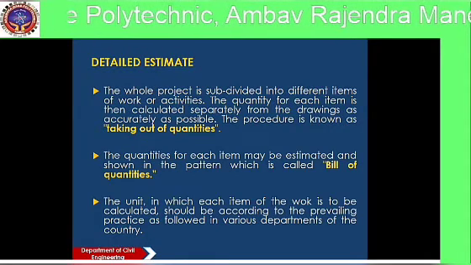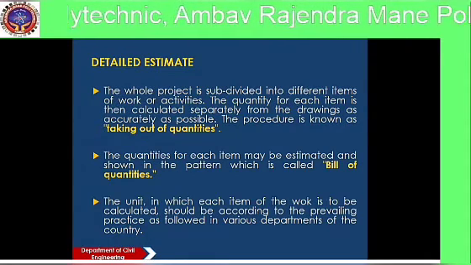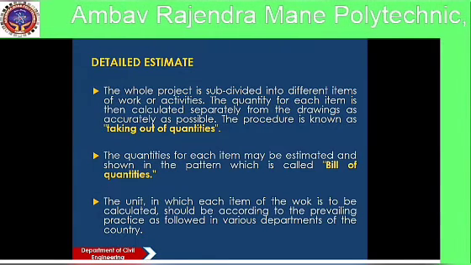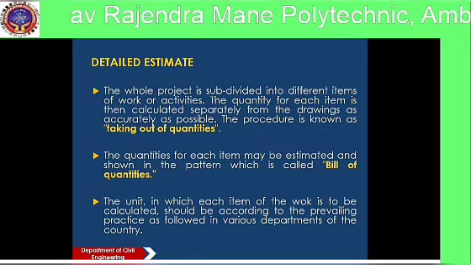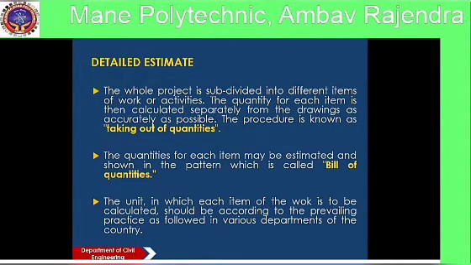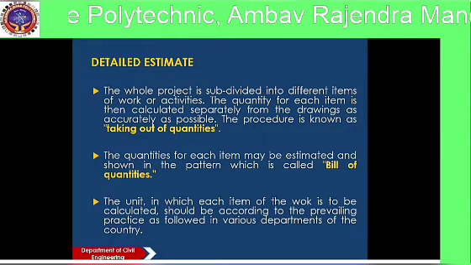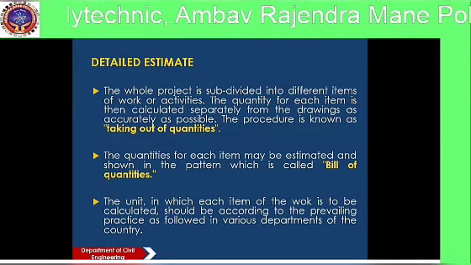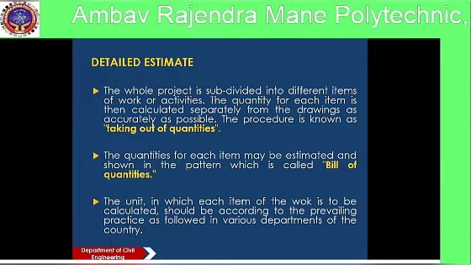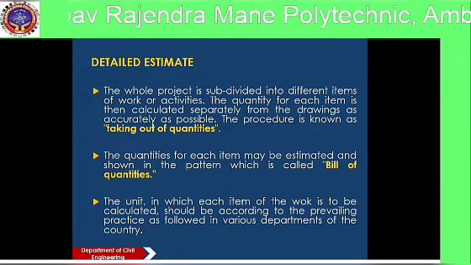The quantities for each item may be estimated and shown in a pattern which is called a bill of quantities. The unit in which each item of the work is to be measured or calculated should be according to the prevailing practices as followed in various departments of the country.